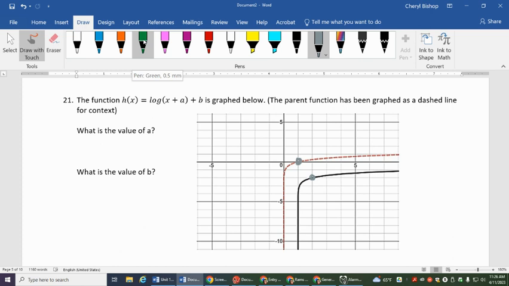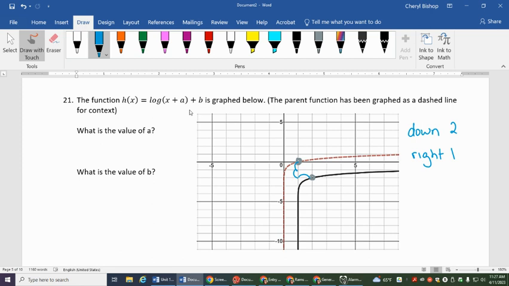How is this graph moving? To get from here to here, what's the shift? Down 2, right 1.